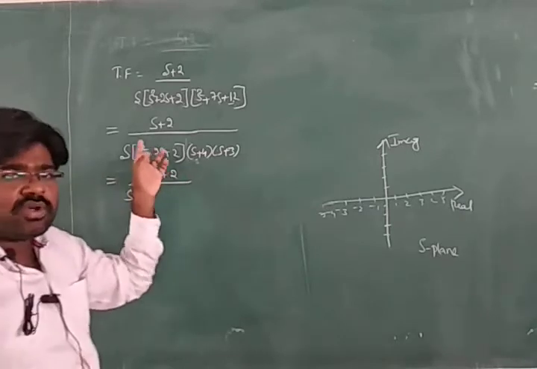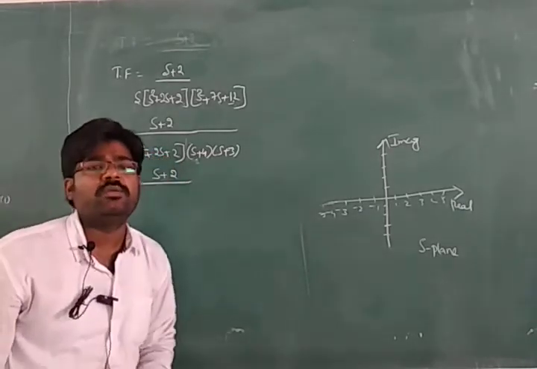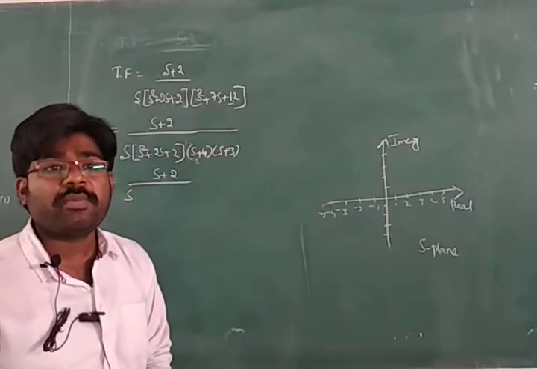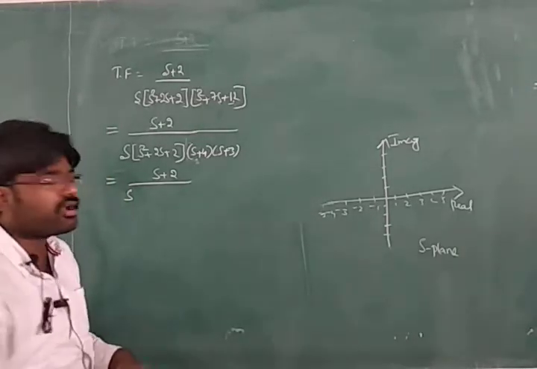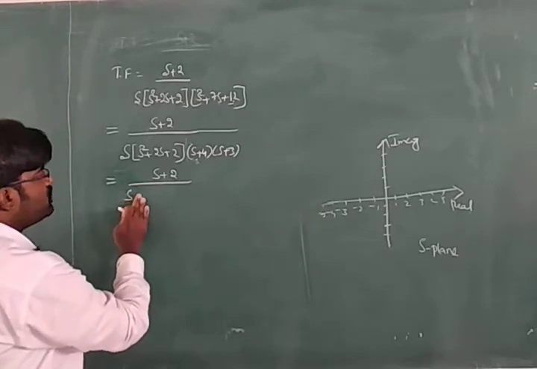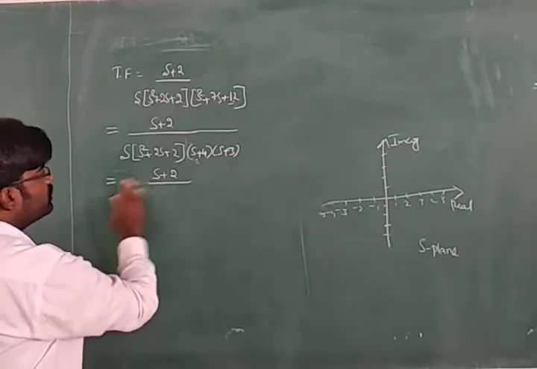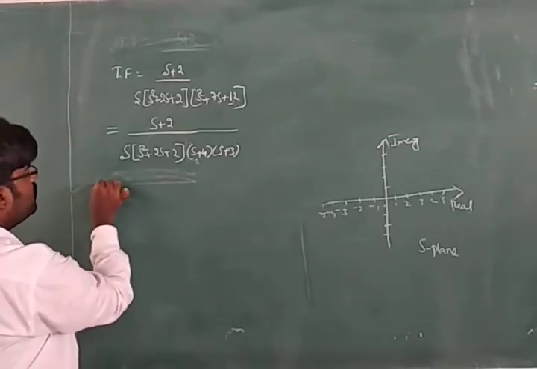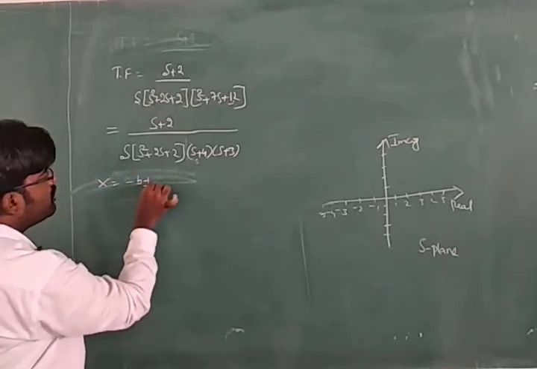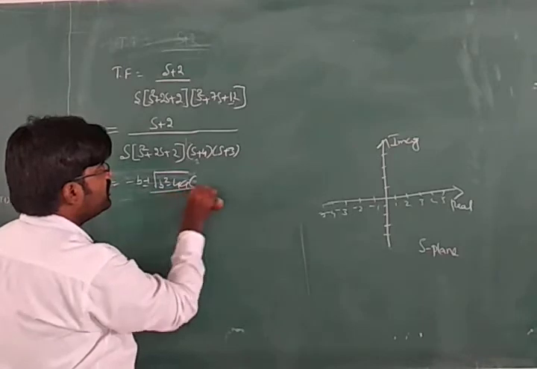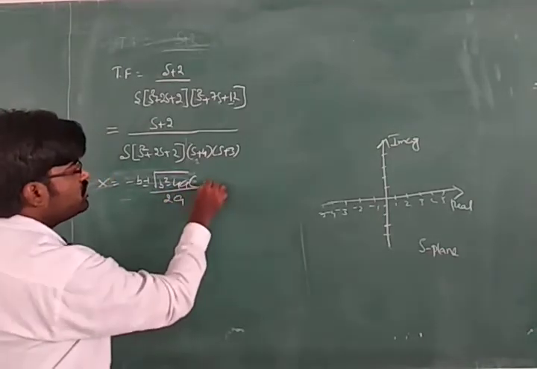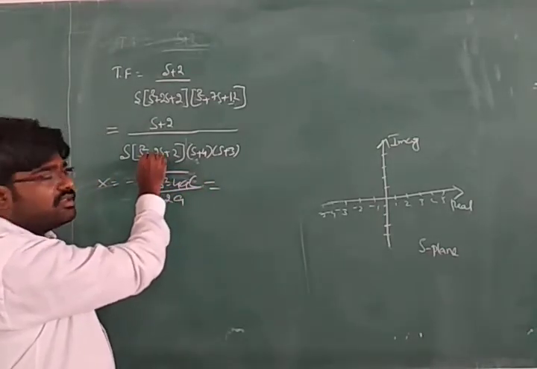So to find the roots of such equations we have to use one formula: minus b plus or minus under root b square minus 4ac divided by 2a, to find the roots of the quadratic equation. That formula we have to use. So x is equal to minus b plus or minus root b square minus 4ac divided by 2a.